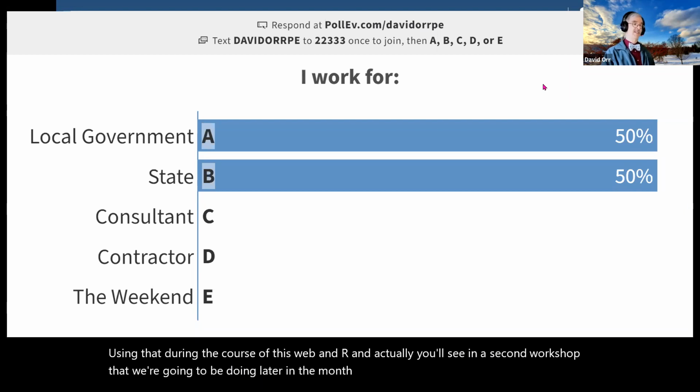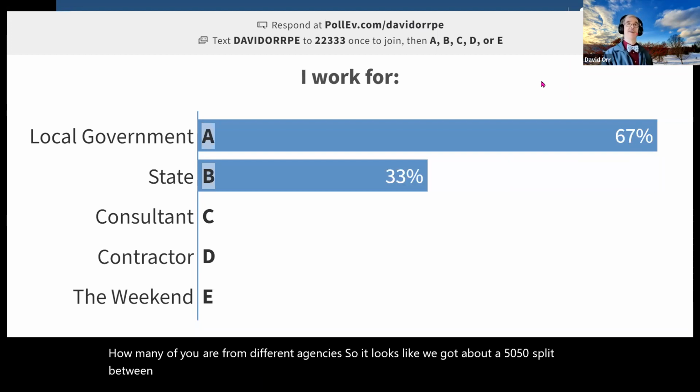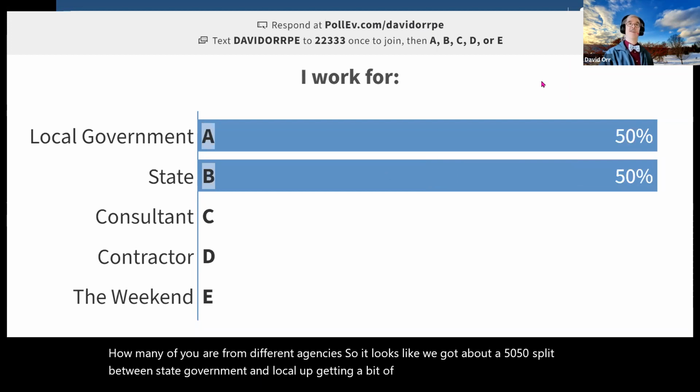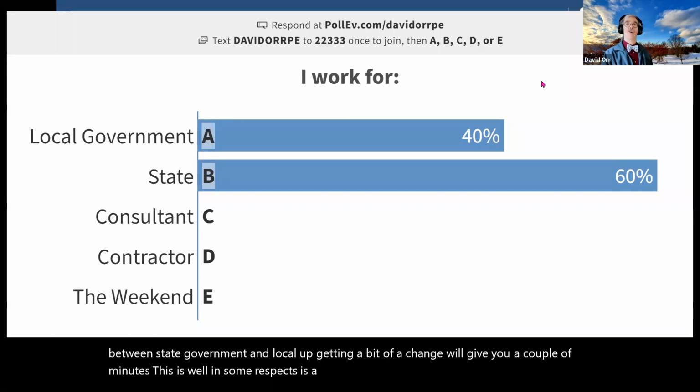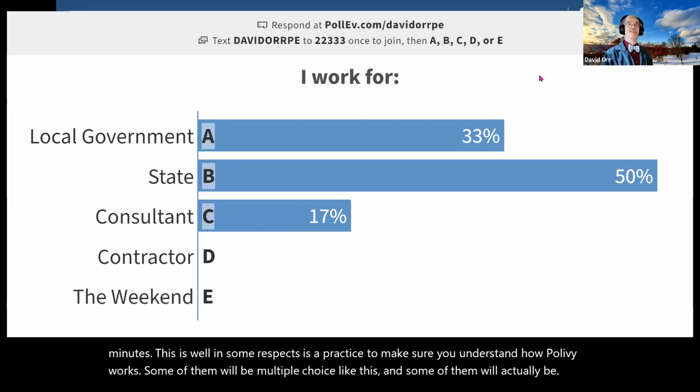So I just want to get a sense of how many of you are from different agencies. It looks like we got about a 50-50 split between state government and local, getting a bit of a change. We'll give you a couple of minutes. This is really, in some respects, a practice to make sure you understand how Poll Everywhere works. Some of them will be multiple choice like this, and some of them you'll type an answer in.